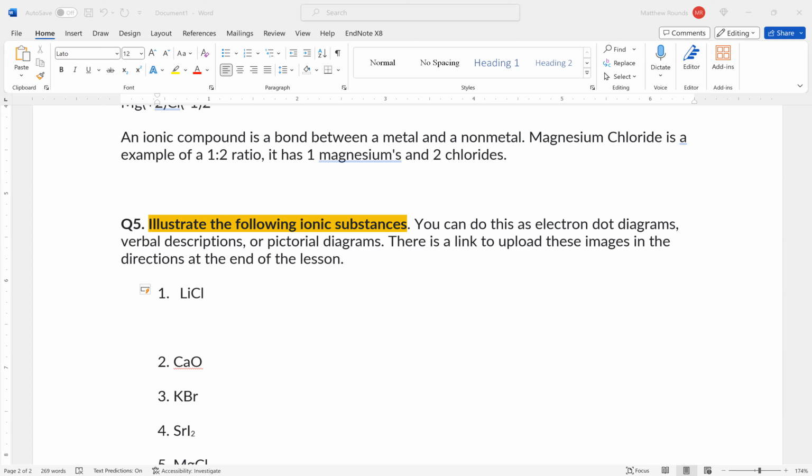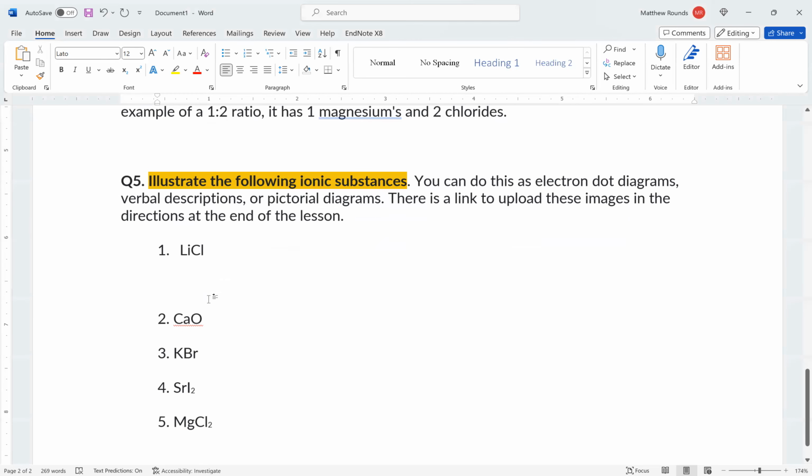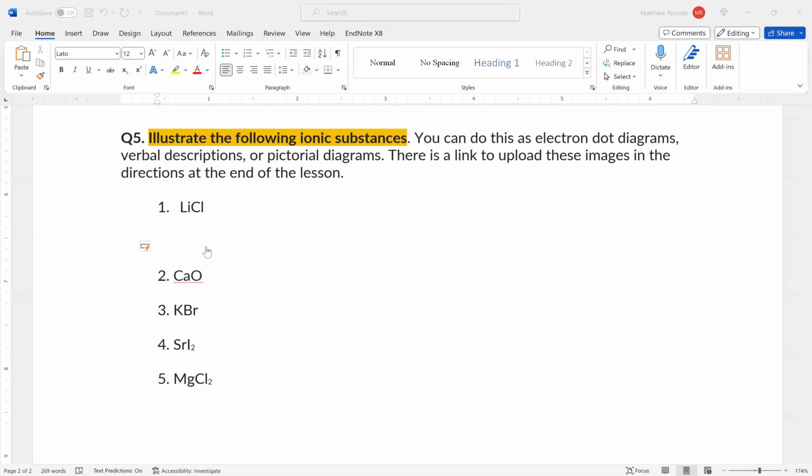So what do they really want here? Sorry. Is it illustrate the following ionic substance? Just link up with these images. I'm trying to find out if there's a website where you can look these up, Lewis dot structure.